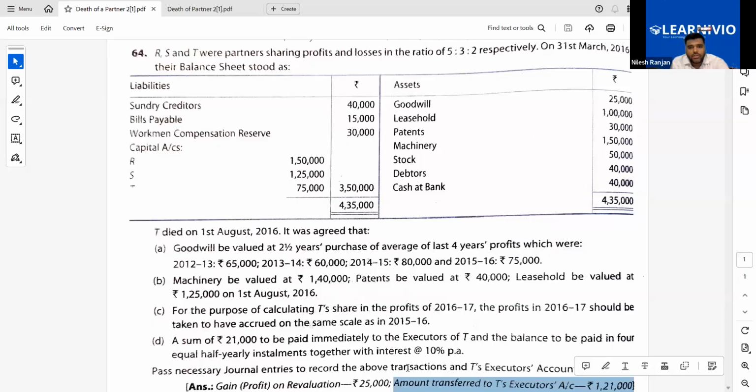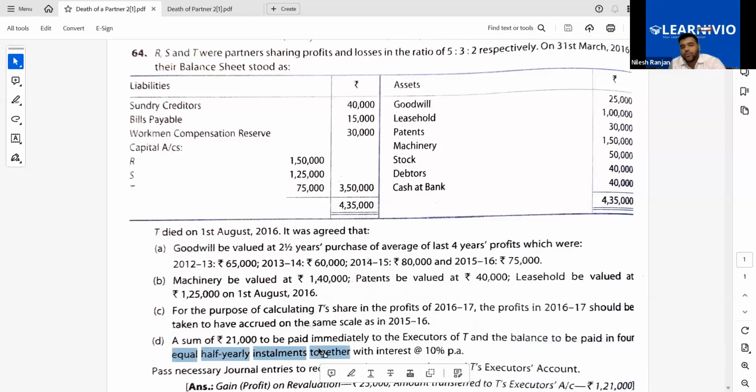After that, the balance is to be paid in 4 equal half yearly installments with interest at 10% per annum. Now, what does it mean by half yearly installment? Means at the end of each half year, we have to pay the amount.